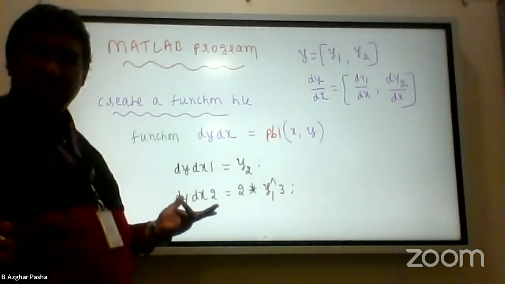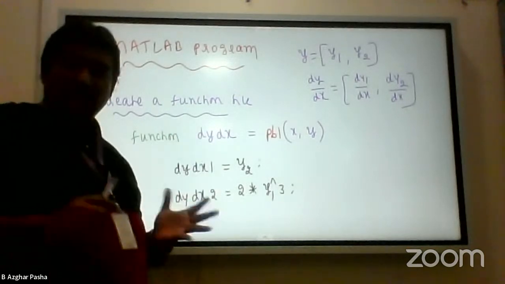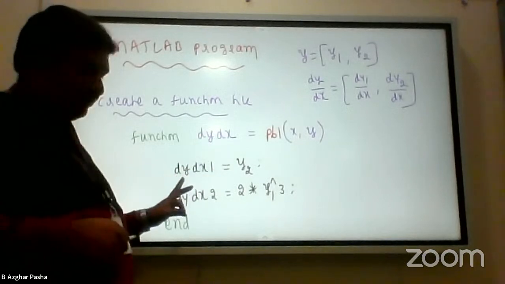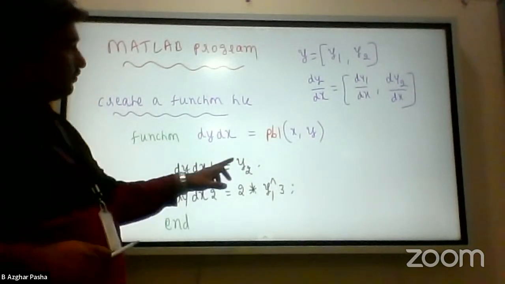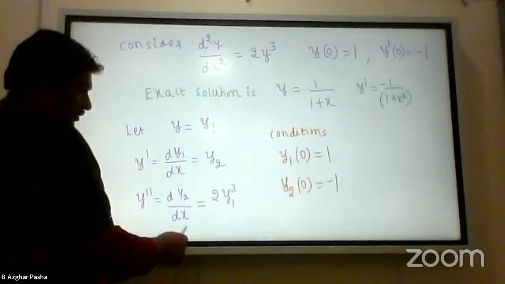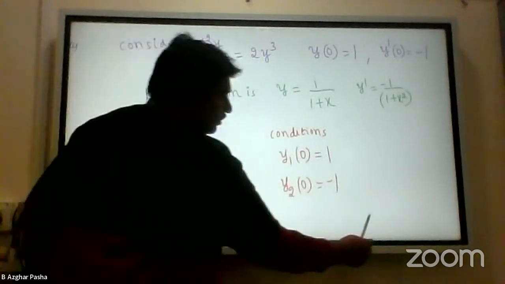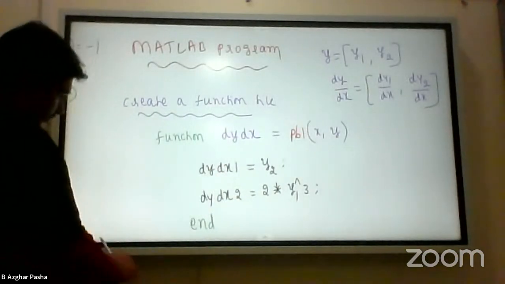You can write it in any way, a1, a2. Here, that capital A you can write. These are elements of that capital A, anything. It is simple to read, that's why I have written it as dydx1. Now, dydx1 is y2. I have written y2 here.